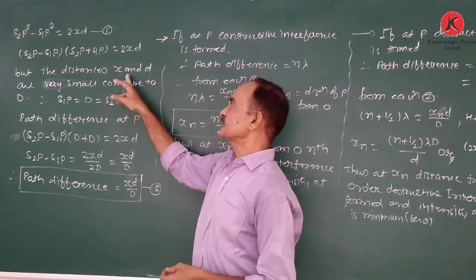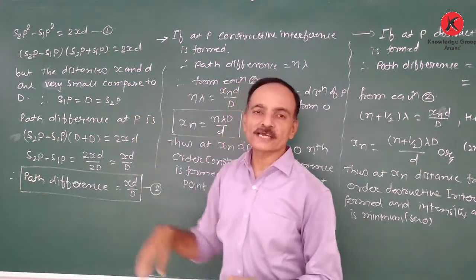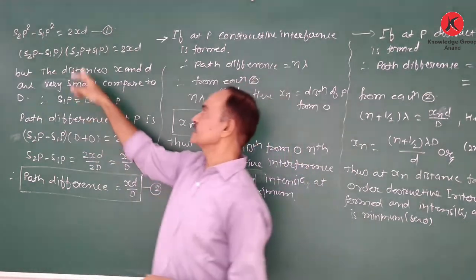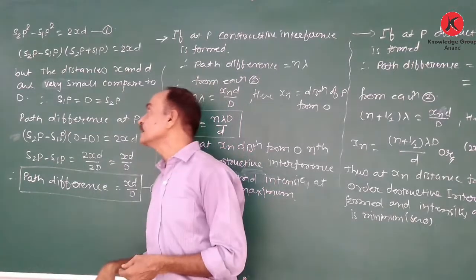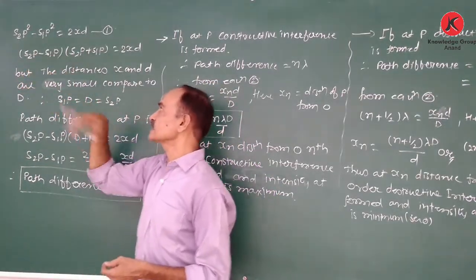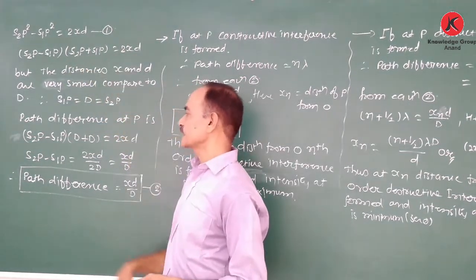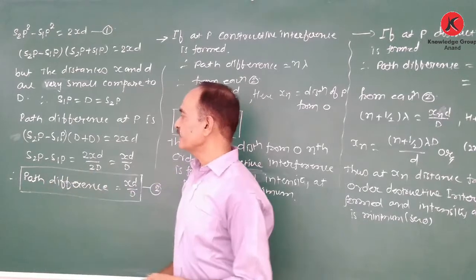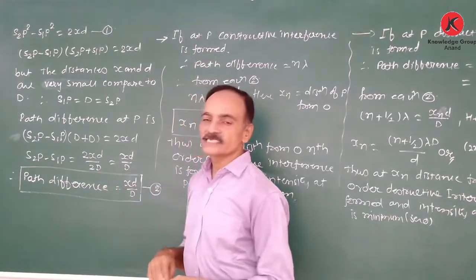But the distances x and small d are very small compared to the capital D. Therefore we consider S1P is equal to S2P is equal to capital D. Therefore the path difference at point P is S2P minus S1P. Here we substitute D, therefore D plus D is equal to 2xd. Therefore S2P minus S1P is equal to 2xd upon 2D. 2 cancels, xd upon D.